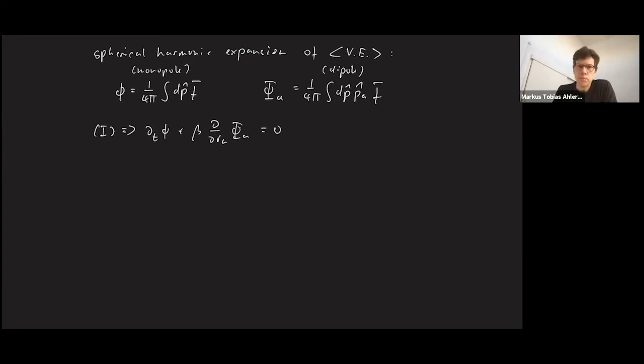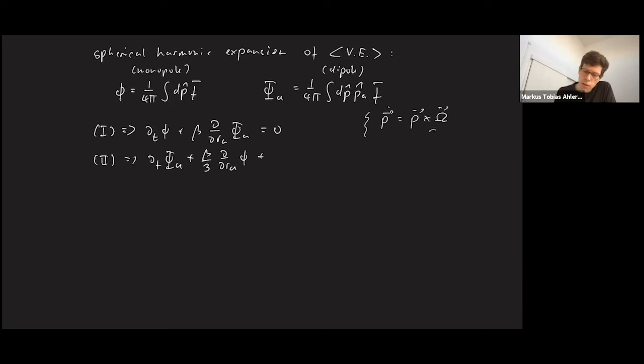So this will be the first term. The second term of this equation will be the time derivative of the dipole, and this now has three different contributions: beta over 3 times the gradient of the monopole contribution, and then a term which scales with the Lorentz force of the regular background magnetic field. I can use our notation in terms of this omega vector. So we introduced p dot equal to p cross omega.